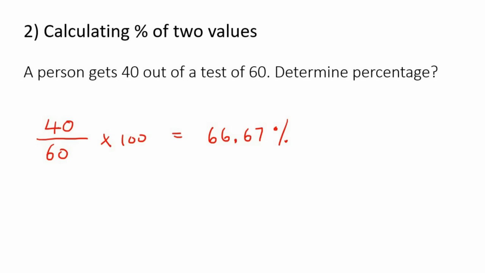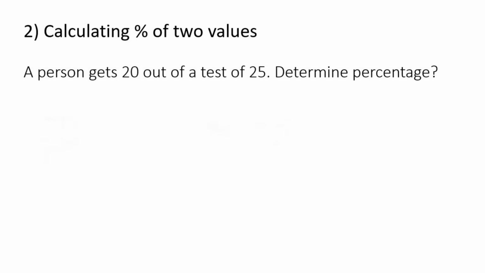Okay, so that is how you calculate your test results. So whenever they give you 2 values like this, where the one is out of the other, then you just use this calculation. Okay, so here a person gets 20 out of 25 for a test. Determine the percentage. So you could say 20 over 25 multiplied by 100, and if we do this correctly we must get 80%.